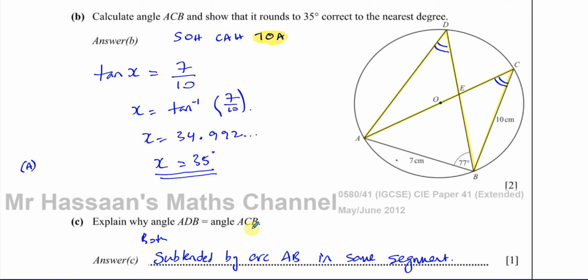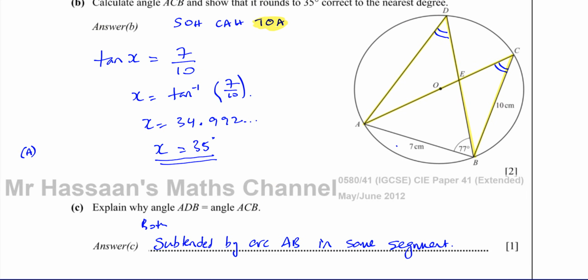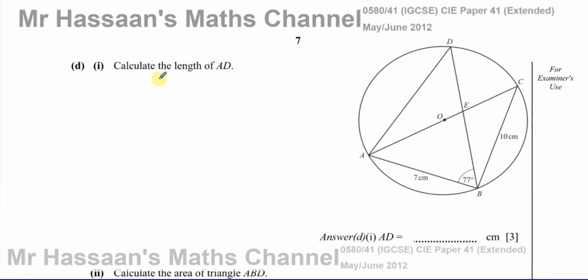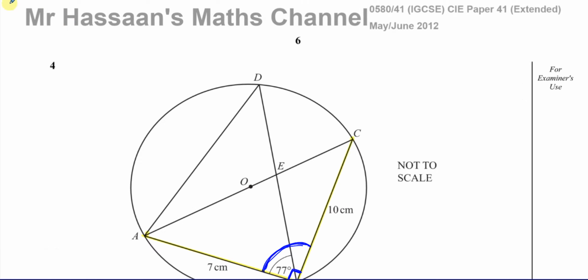Okay, so that's part C, and now we're going to go on to part D. Part D says calculate the length of AD. Let me call this length Y. We already determined that this angle is the same as that angle, and the angle was 35, but before we rounded it, it's always best to use it in a more accurate form.